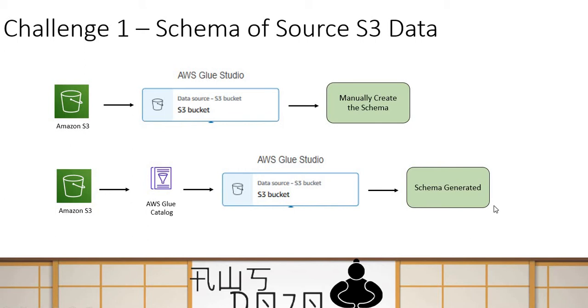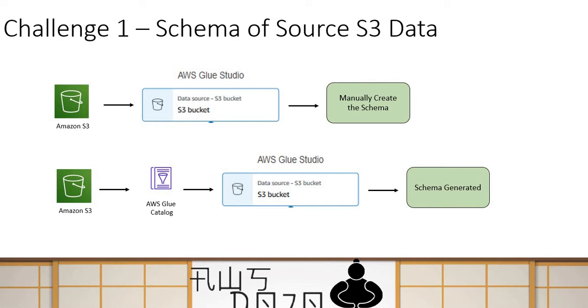So it gets an output schema already generated for your data source. So in the second approach, you don't need to create any schema. The schema is already created for you because your data source node will simply pick that schema from your Glue catalog. So generally, these two approaches are taken. In the first one, you create your schema from scratch, and in the second one, the schema gets generated.